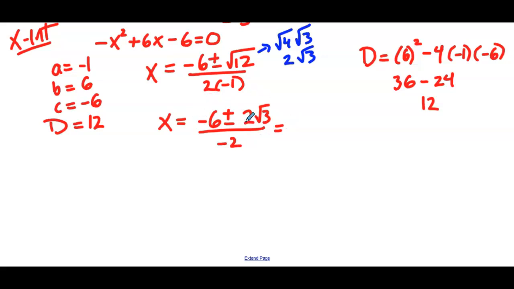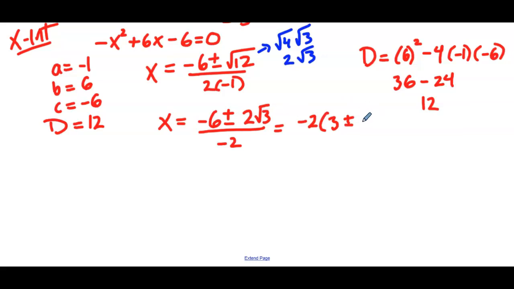We can factor out a -2 from the numerator. So that would leave me with positive 3. Now if we factor out a negative from a plus or minus, it would stay plus or minus.